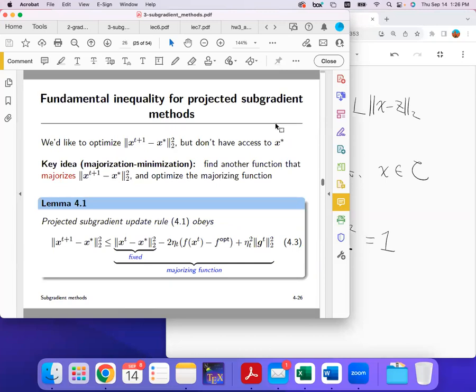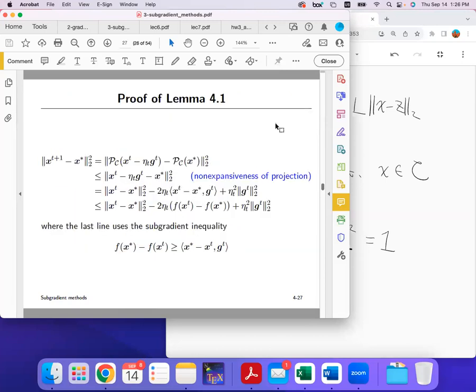Because when we proved this result for convex problems, we used this inequality, which is essentially convexity between x star and xt, the definition of convexity.